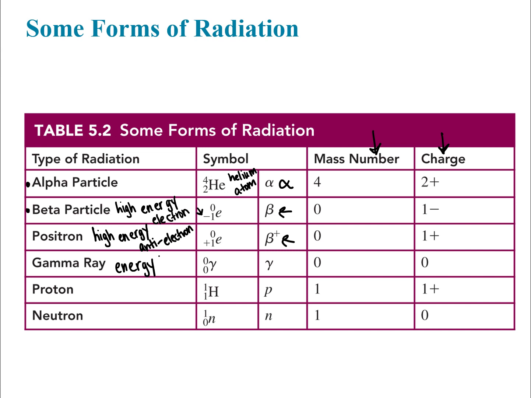The way that we represent a proton is a hydrogen atom. So it's got a mass number of 1, and it's got an atomic number of 1. And then a neutron, you already know what that is. It's a neutral particle, and you can emit a neutron to stabilize a nucleus.